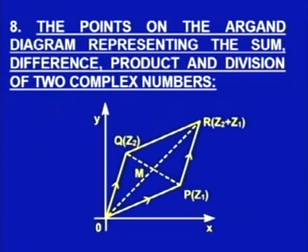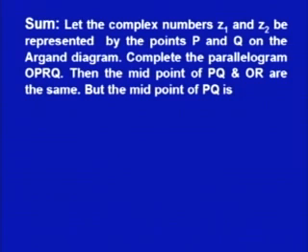So, OQ represents the distance, that is modulus z2. If we complete the parallelogram OPRQ with OP and OQ as the two sides, OR will be the diagonal. So, this point R will represent the sum of the complex numbers, z1 plus z2.